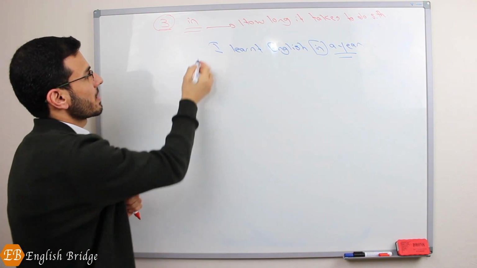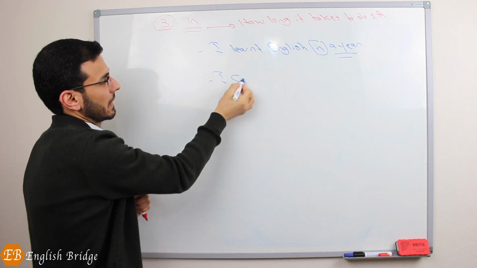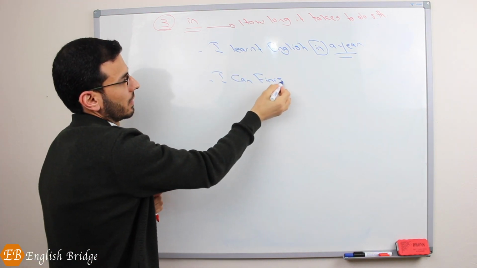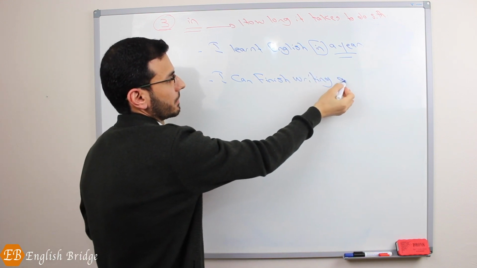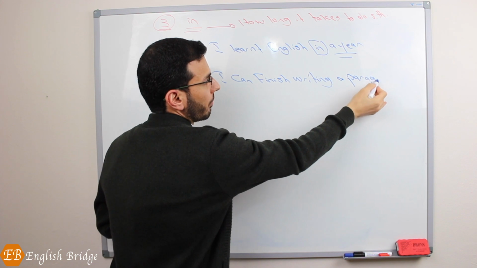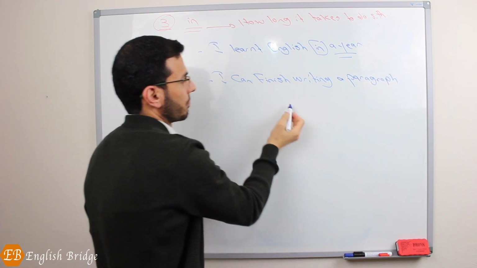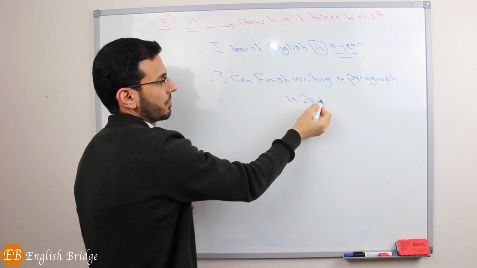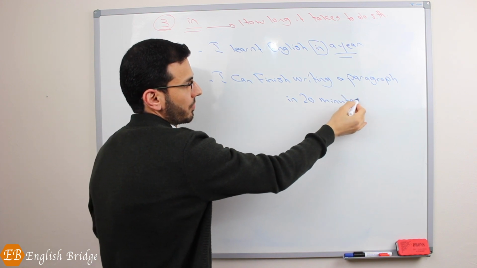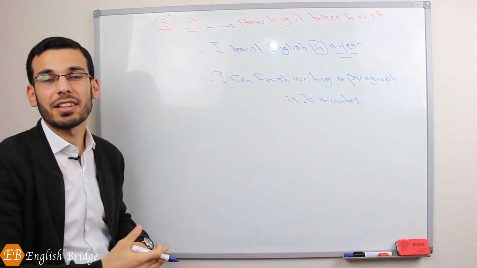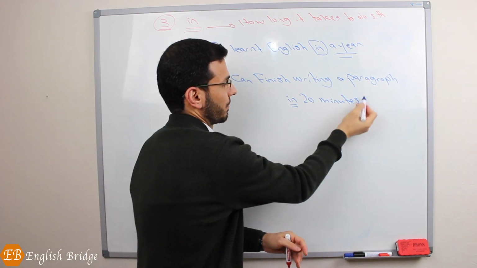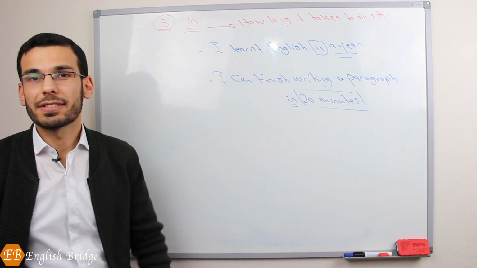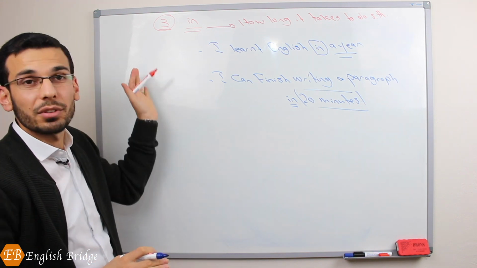Okay, or you can say, I can finish writing a paragraph in 20 minutes. So the question is, how long does it take you to write a paragraph? The answer is, I can finish it in 20 minutes. All right, so that's all about in.